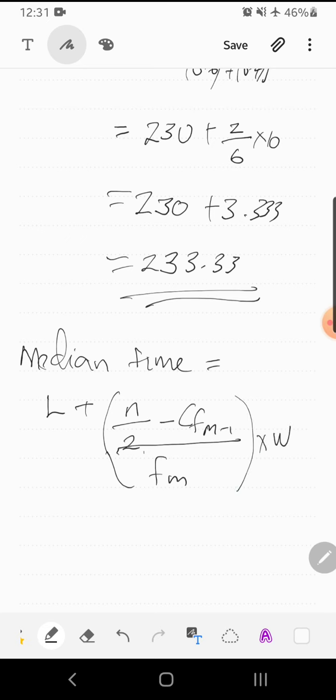So we have to look at the position of where the median will fall. So we're looking for the class. We get our n, and we're going to divide it by 2, which is 29 divided by 2.